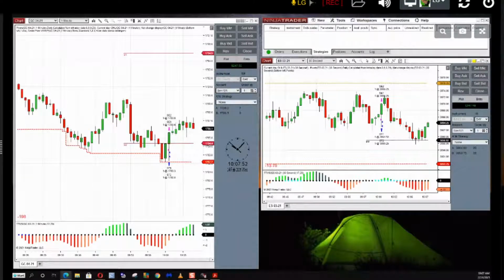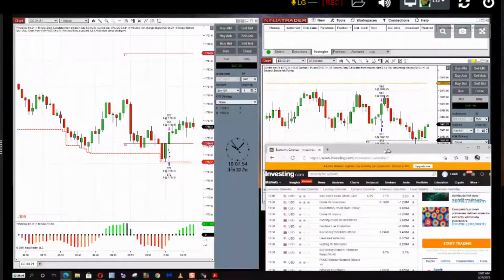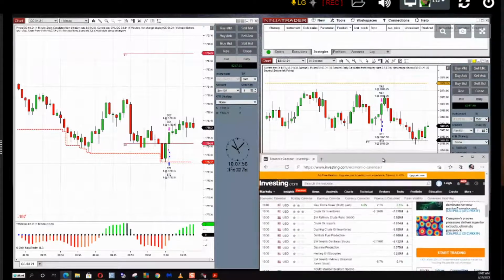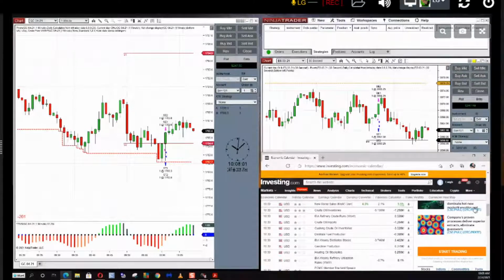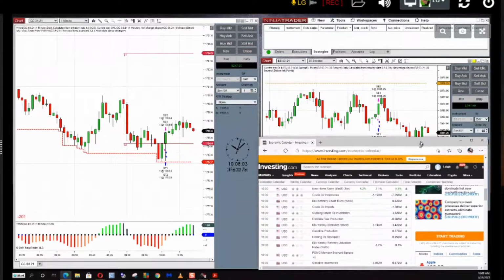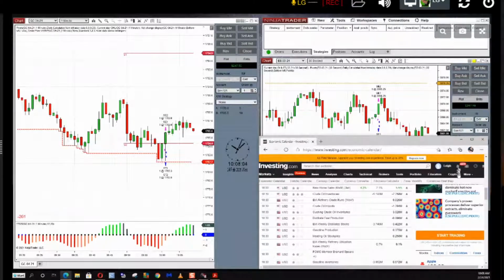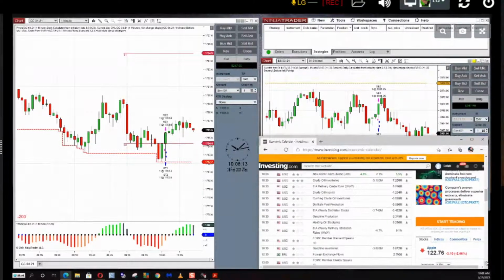So there's a lot of elements that make up the oil report. But what do you really need for it? What's the driving force in the oil report? It's really the crude oil inventory numbers. That's the driving force in this report.